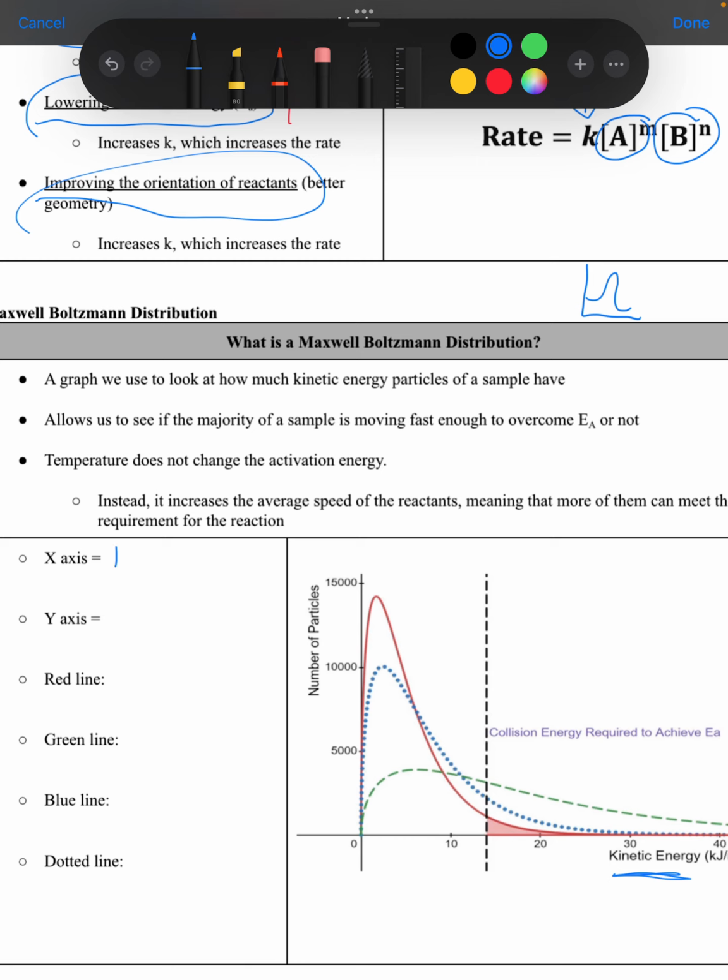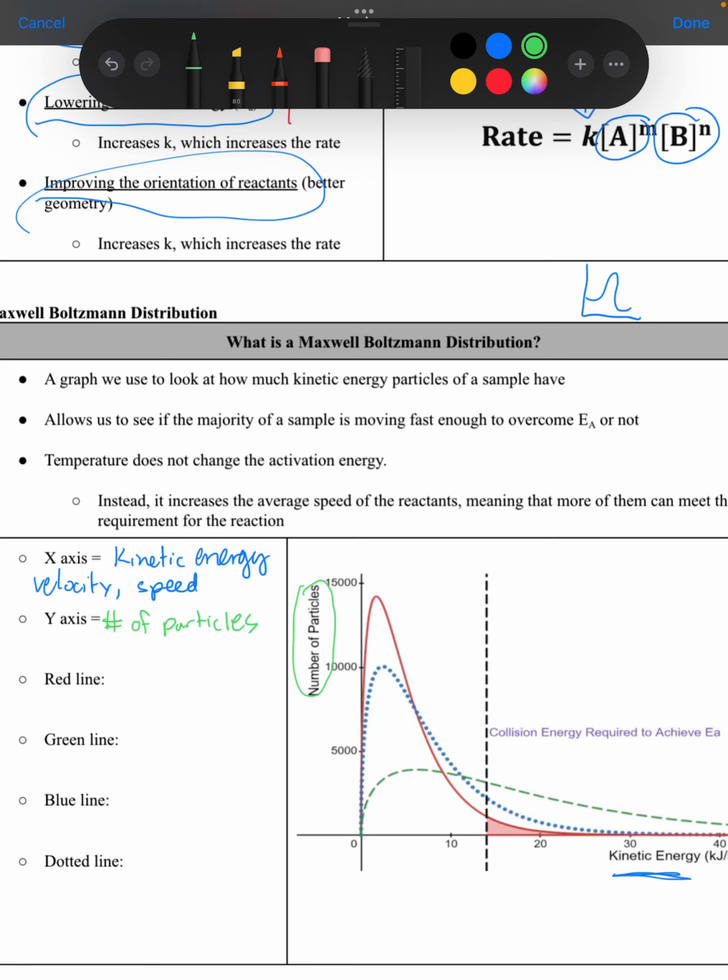So I'm just going to write down kinetic energy, velocity, or speed. Those are the most common labels for that axis you could see. The y-axis over on this side here generally is just number of particles. All right? So those are the two axes you're dealing with on a graph like this.